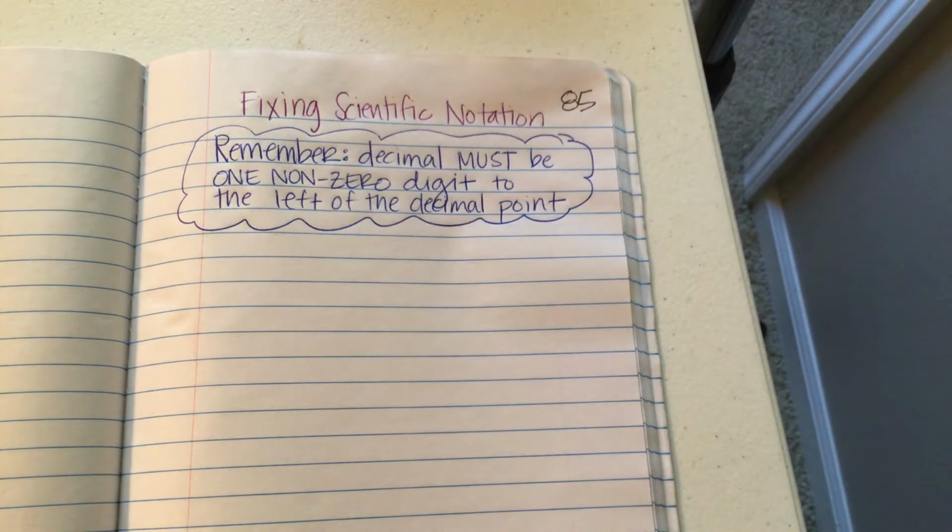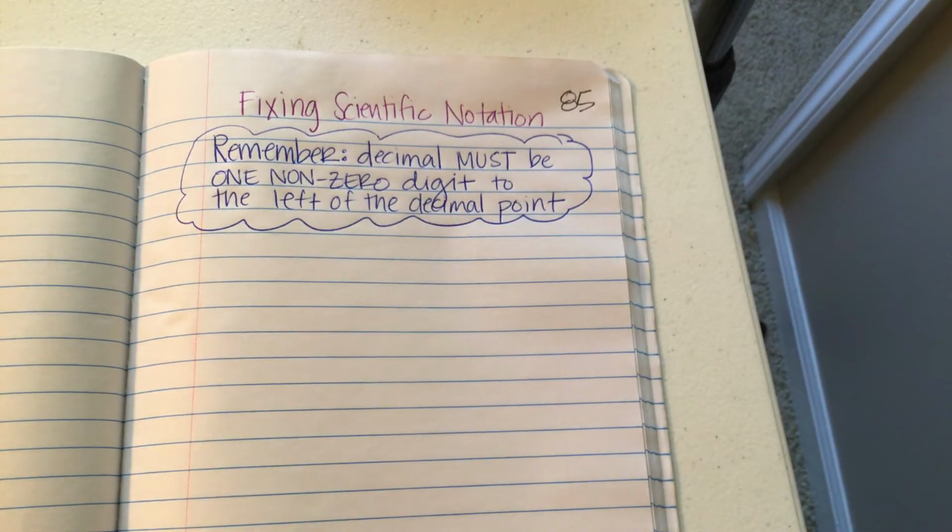We need to make sure that the number we're working with has one non-zero digit to the left of the decimal.